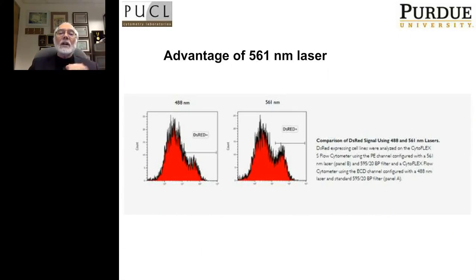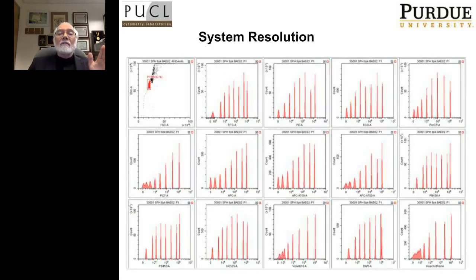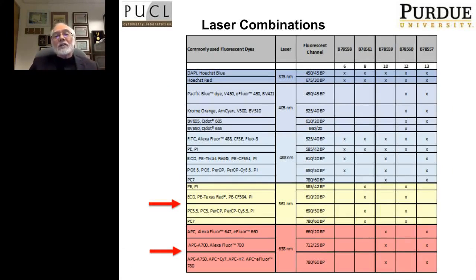But the reason I jumped to this 561 is because with DS Red, for example, the 561 gives a better signal than the 488. And so that's really a reason for trying to consider, again, depending on the sorts of things that you're running, why you might select that yellow laser.